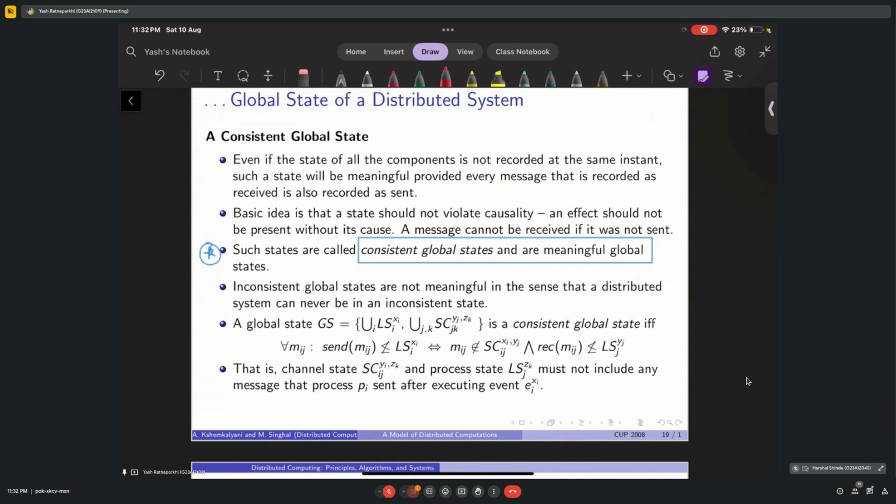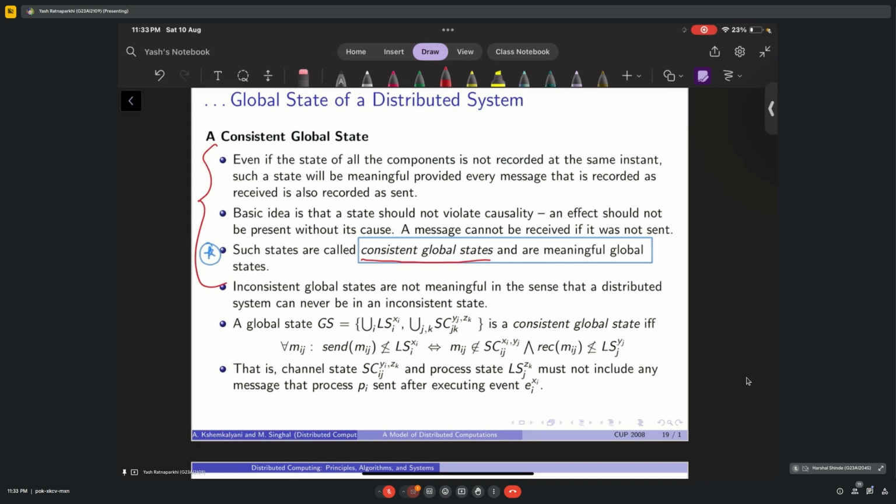This is all about the global state, and it is now making sense that such states are called consistent global states, or meaningful global states. In short, there should not be any case where something is received before it is sent. This is what is called a consistent global state, as written in these three lines.